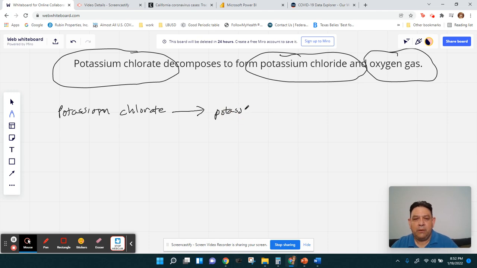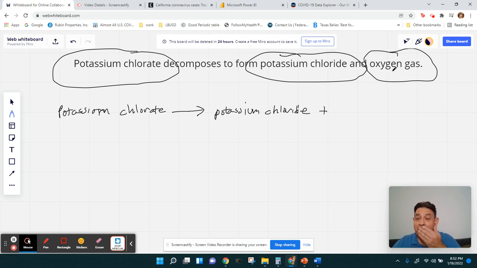And you'll recall that chloride is a monatomic anion, and chlorate is a polyatomic ion. Potassium chloride plus oxygen gas.